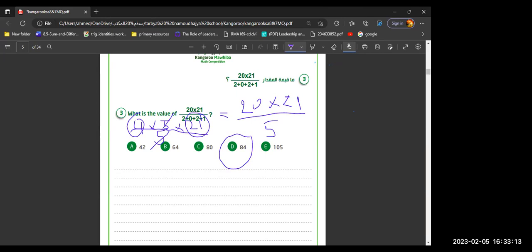Go ahead. Well, you multiply 20 by 21, which equals approximately 420. Approximately? Now we need an exact value. And then you divide it by 2 plus 2 plus 1, because 0 is 0. Don't you think it's a long way? Well, it's more understandable.